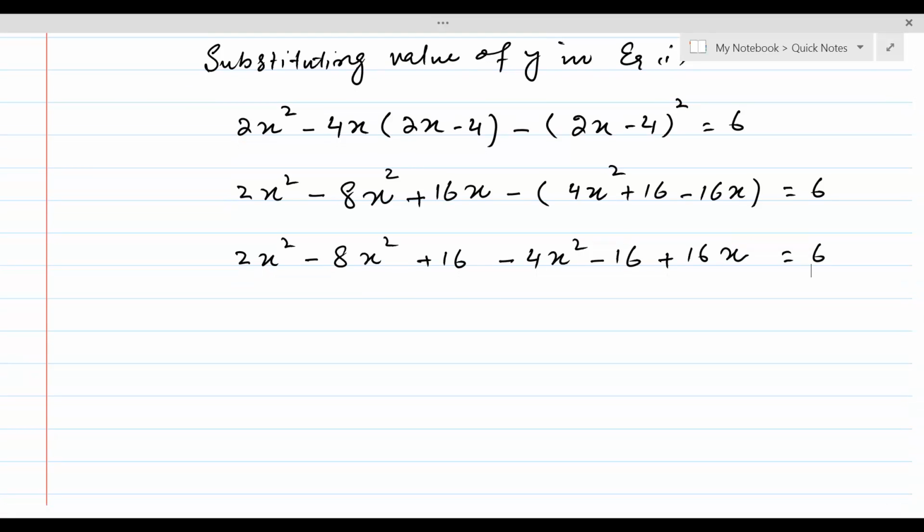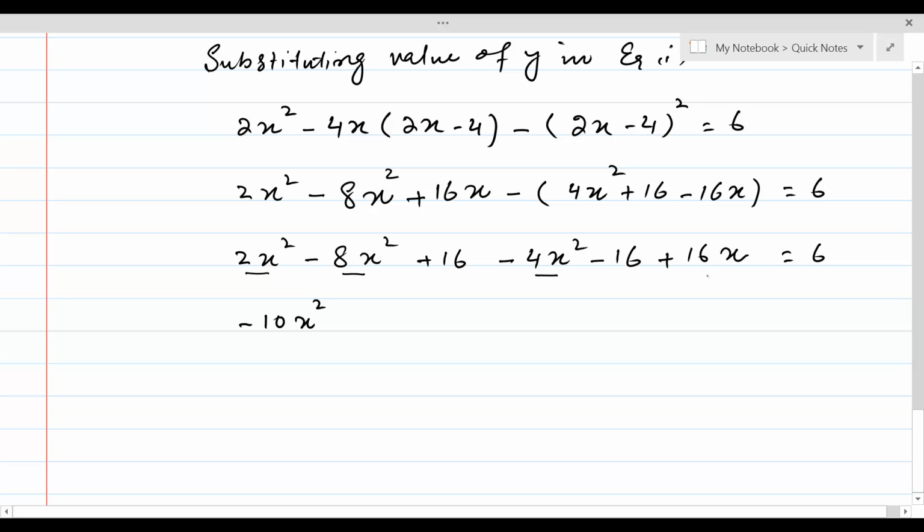Collect the like terms. 2x square and minus 4x square are like terms, and here is minus 8x square again. So minus 4x square and minus 8x square will become minus 12, and plus 2, that will give us minus 10x square.